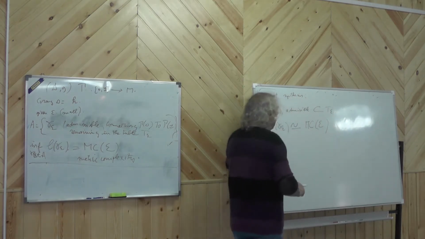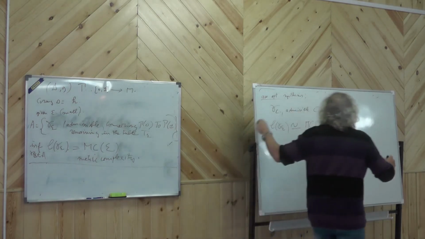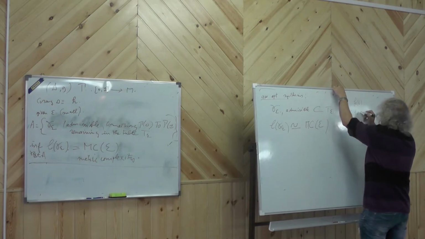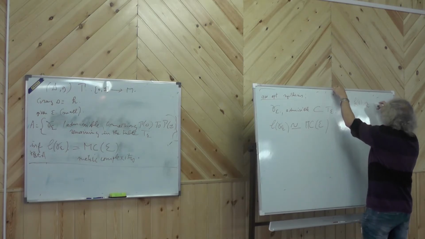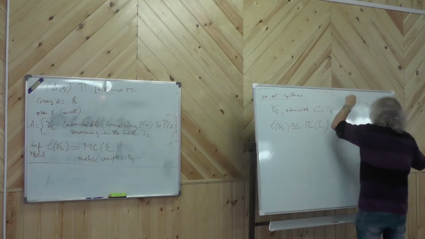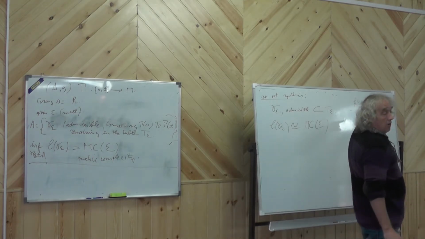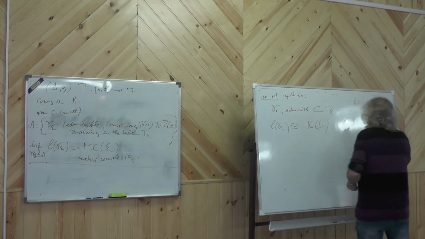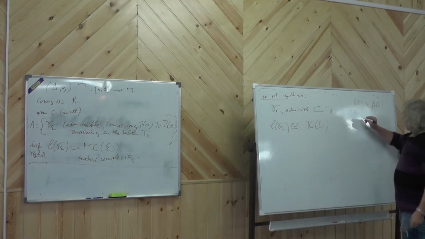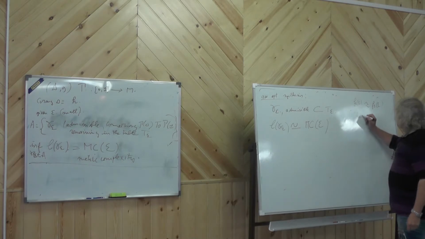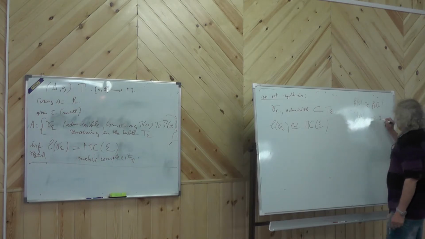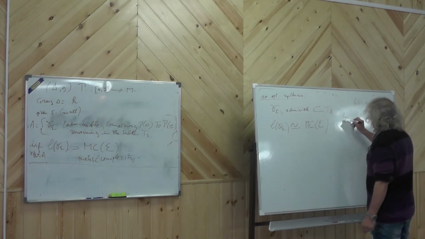And by equivalent, what I mean is that two functions, f1 of epsilon and f2 of epsilon, are equivalent. Of course, if you remember, our lengths tend to infinity when epsilon tends to 0, and I say that f1 epsilon is equivalent to f2 epsilon just if the ratio f1 over f2 tends to 1 when epsilon goes to 0.